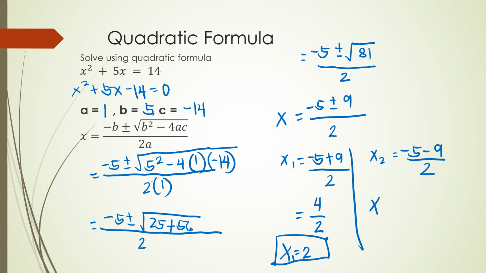Next, for x sub 2, you have negative 5 minus 9, that is negative 14 over 2. Negative 14 divided by 2, that is negative 7. So that is the value of x sub 2. Okay? So those are the solutions of the quadratic formula. If you want to check, you just simply substitute the value of x sub 1 and x sub 2 on the given quadratic equation.